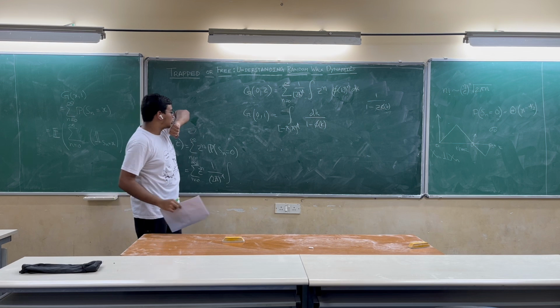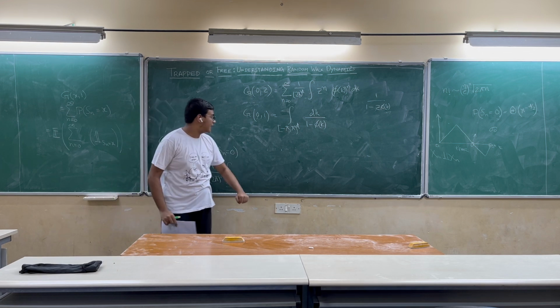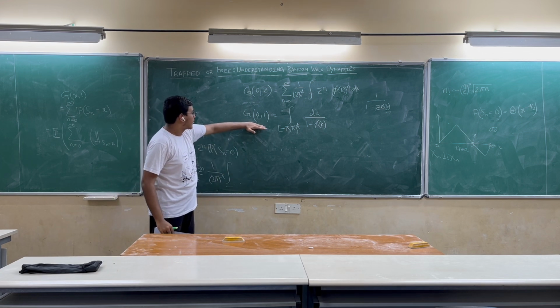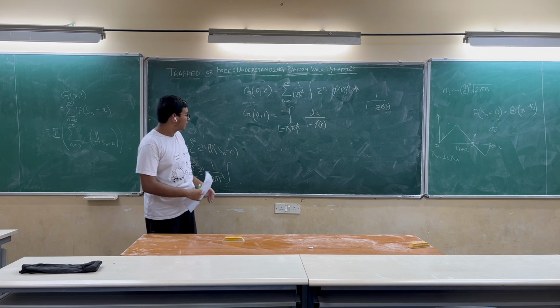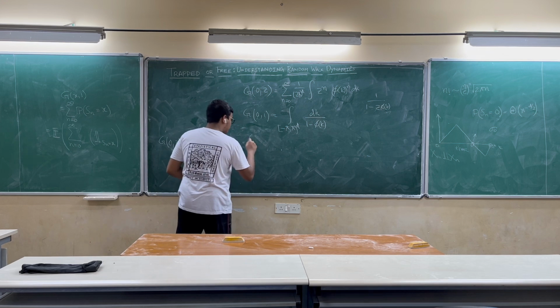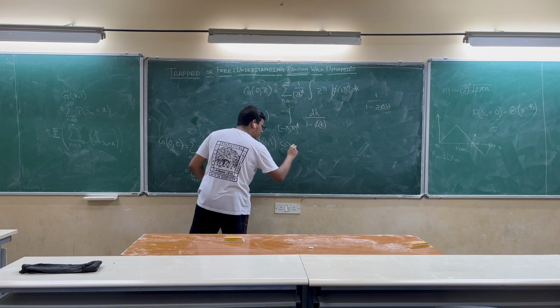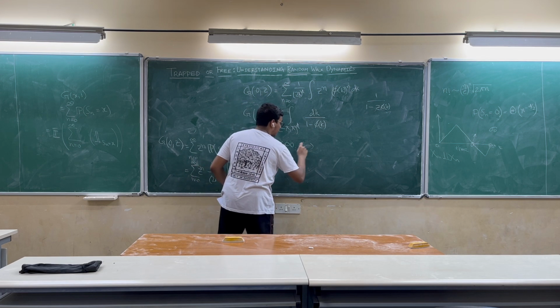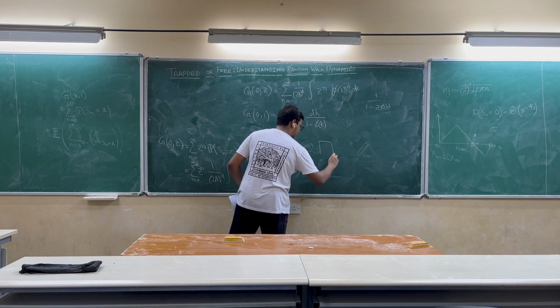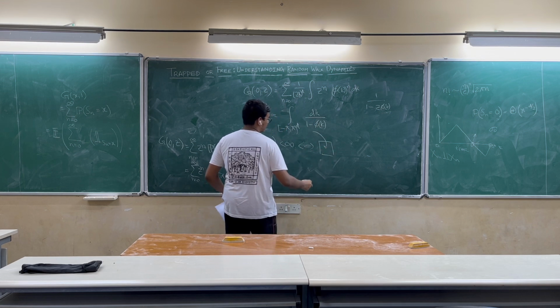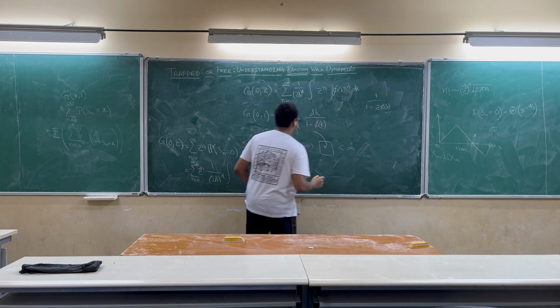So we have already shown that the random walk is recurrent if and only if G of 0, 0 is infinity, right? So G of 0, 0 is less than infinity if and only if this big integral is less than infinity.